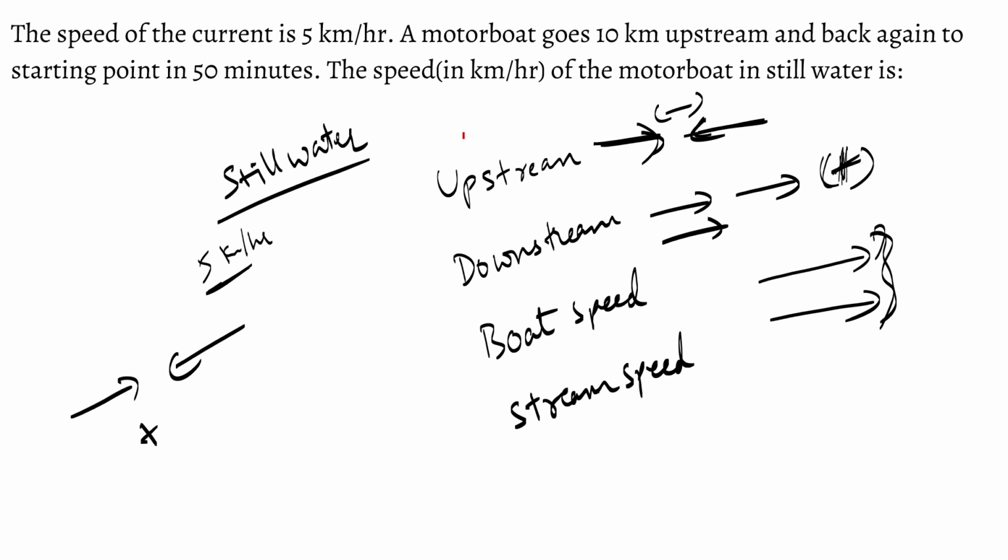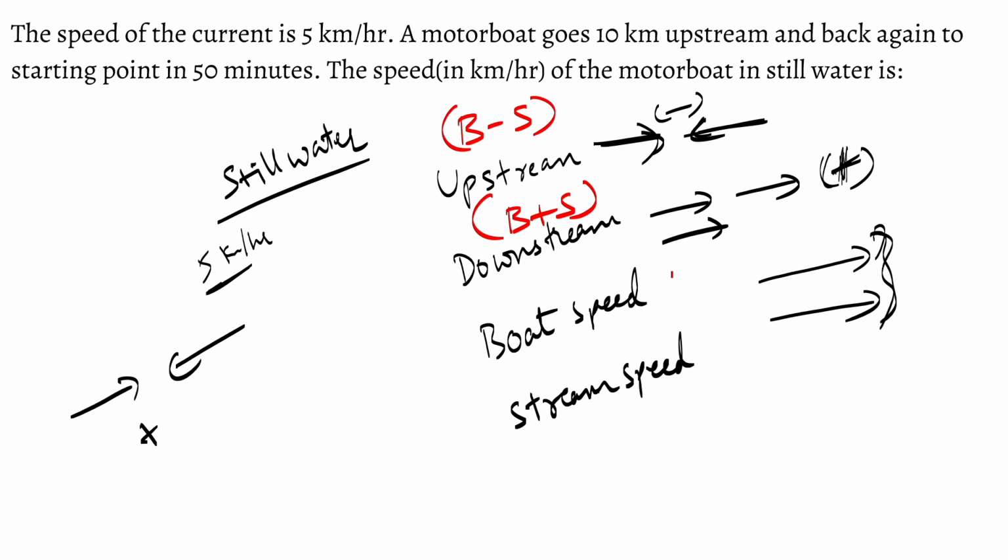So the speed of upstream is speed of boat minus speed of the stream, and in the downstream case, speed of boat plus speed of stream.